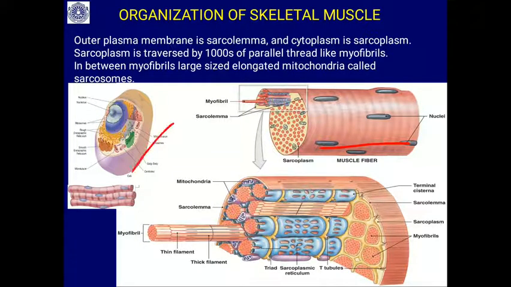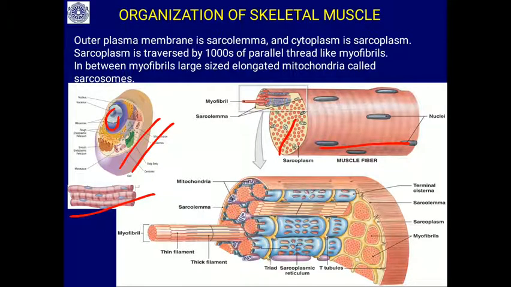Here you see a typical three-dimensional cell. These are the muscle cells, found in bundles. This typical cell has a plasma membrane, cytoplasm and nucleus. The nucleus is pushed towards the peripheral region, because inside the sarcoplasm there are bundles of myofibrils.